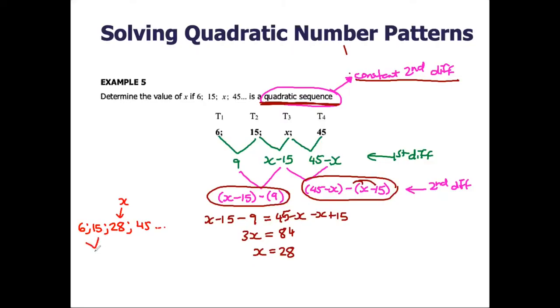We say, okay, well, here we've added 9. 28 minus 15 is 13. 45 minus 28, I think that is 17, yes. And then our second difference every time will be 4. And you can see there is your constant second difference, which means you know that your value for x that you've calculated has to be correct.